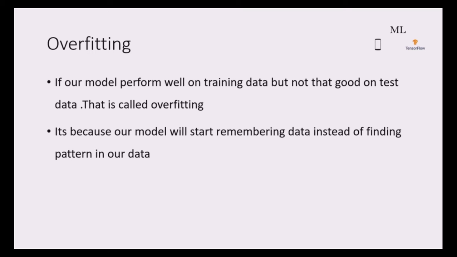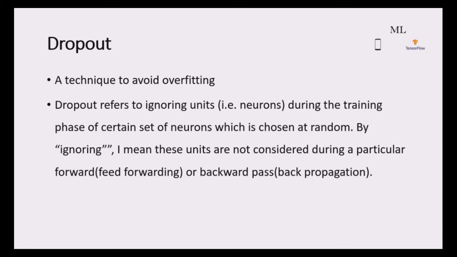There are several techniques to avoid overfitting, and one of them is dropout. Dropout refers to ignoring units or neurons while training. By ignoring, I mean that these units are not considered during a particular forward or backward pass.